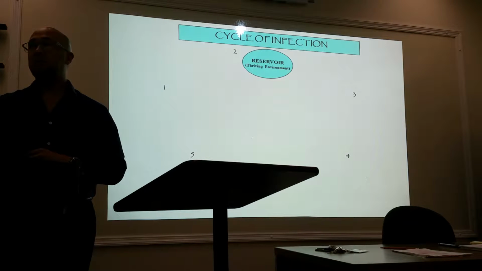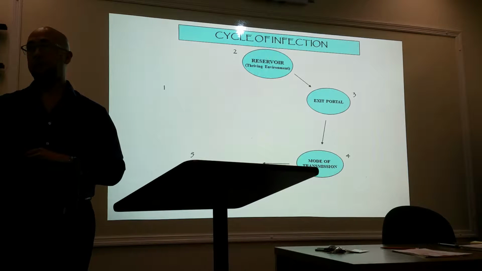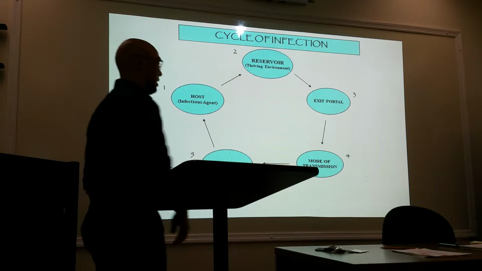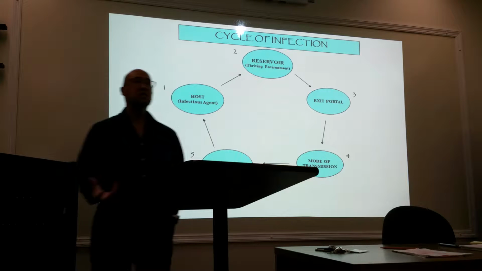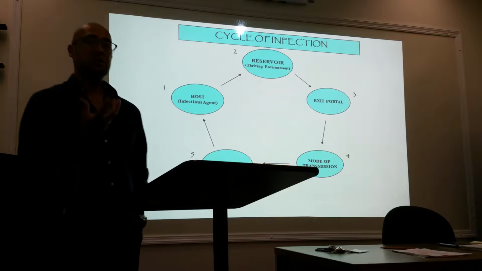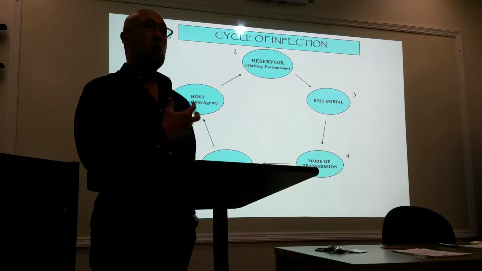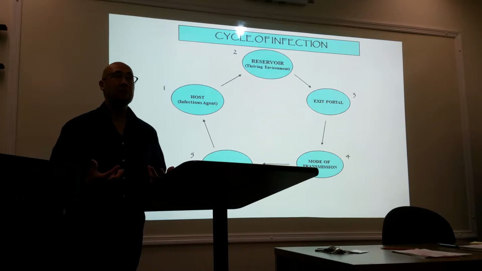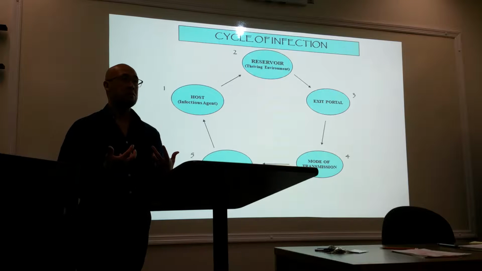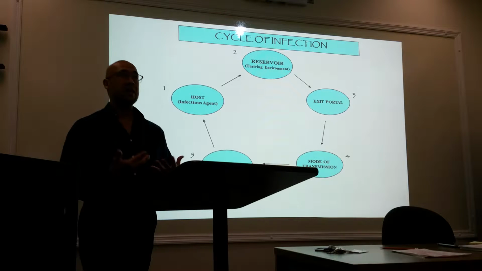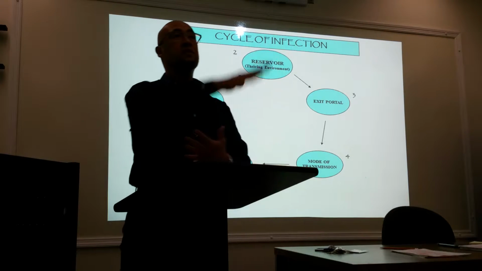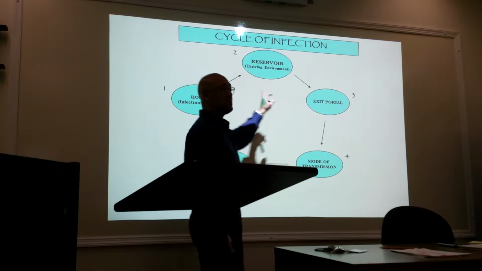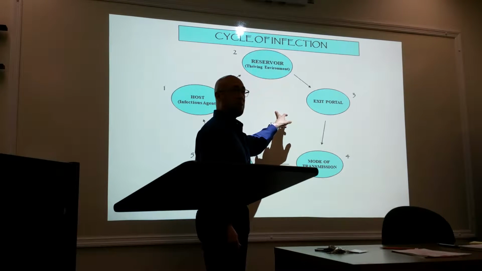Let's talk about the cycle of infection. We talked about pathogens. Pathogens are the ones that can cause illness and infections. So essentially, you need originally first a host. A host is what provides the proper environment for these pathogens to grow, multiply, divide, and then spread their infection to other hosts by way of a reservoir where they're going to grow and thrive.